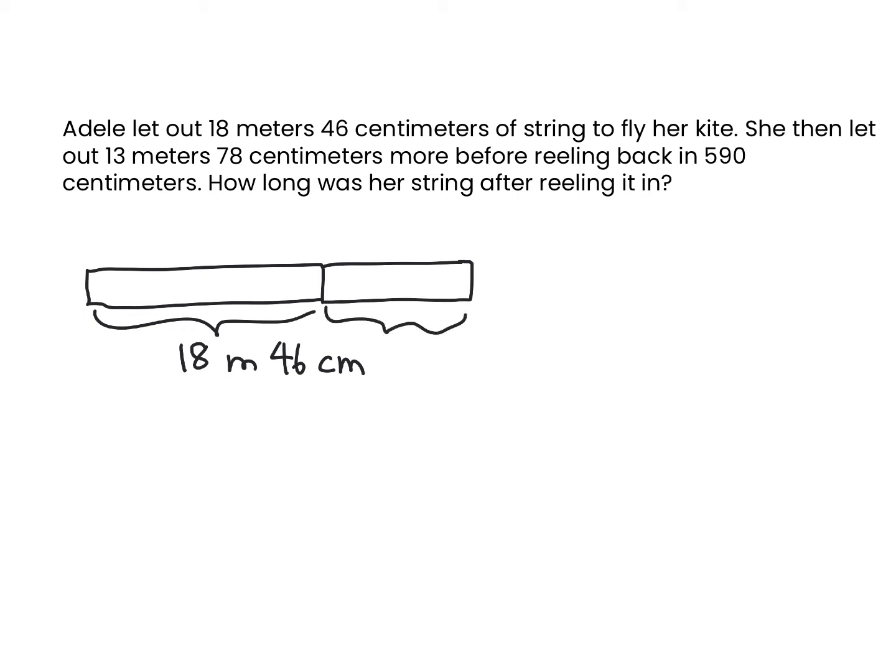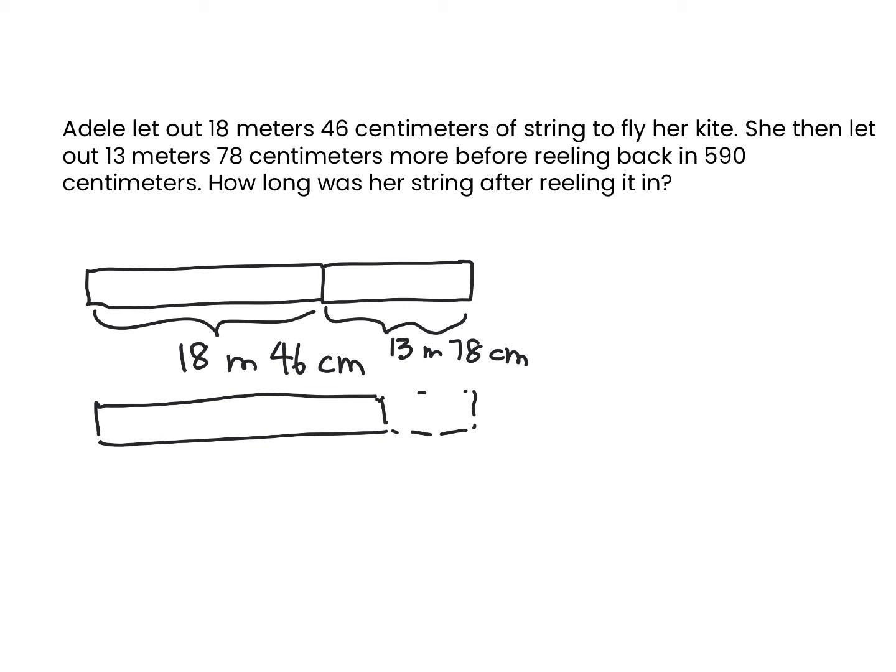I didn't really leave room for that. 13 meters, 78 centimeters. This was our total. And then after that, if we draw a tape diagram here, we know that this right here, she reeled it in 590 centimeters.